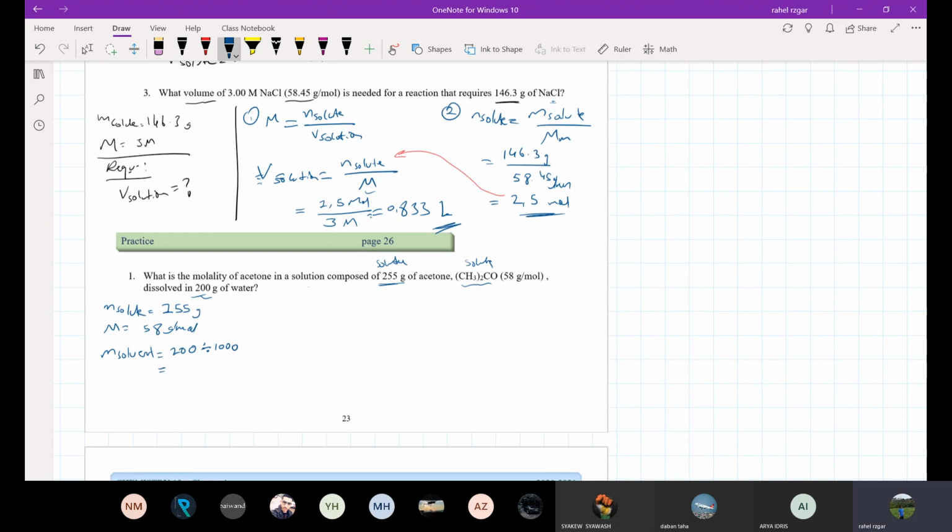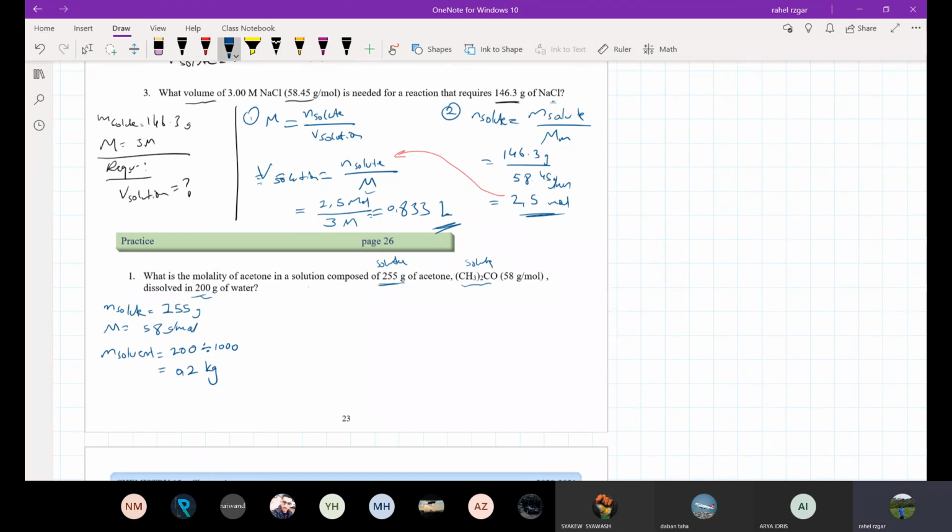When you want to convert it to kilogram, which is a big unit, the number must be smaller. So 200 by 1000 becomes 0.2 kilograms. See, gram to kilogram is always dividing by 1000. Please don't forget that.